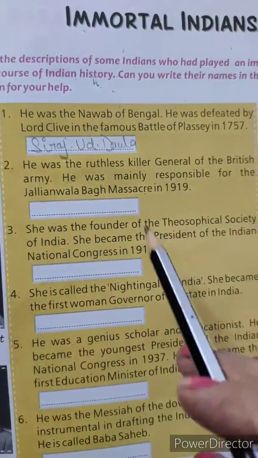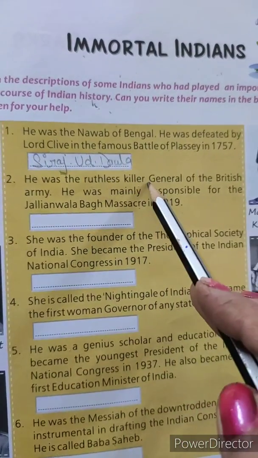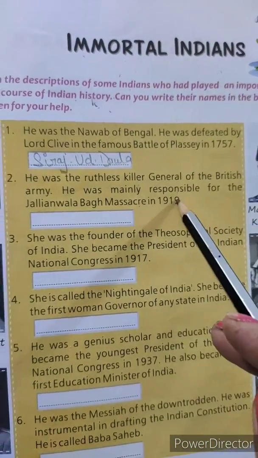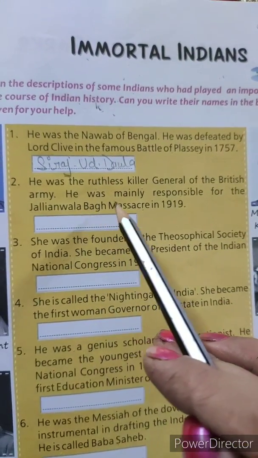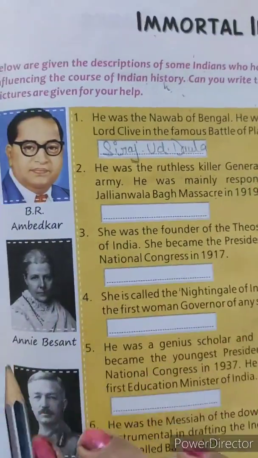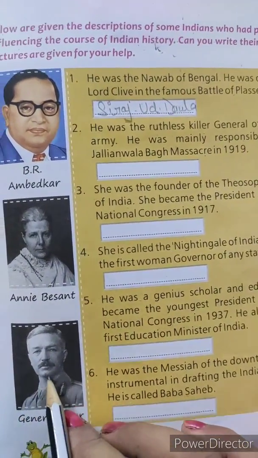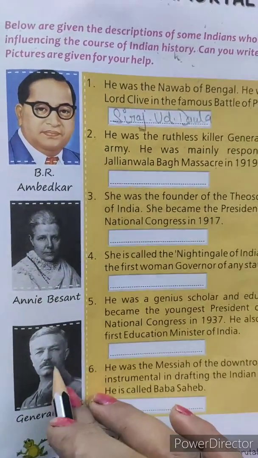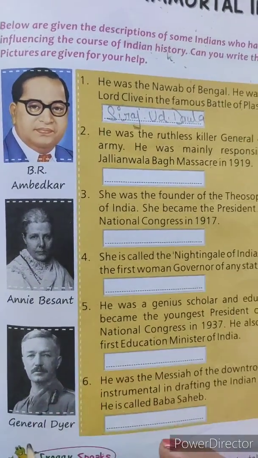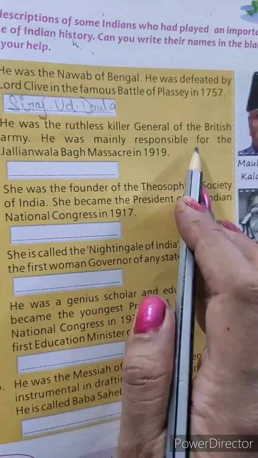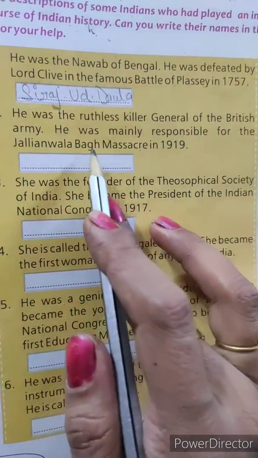Now, second one. He was the ruthless killer general of the British Army. He was mainly responsible for the Jallianwala Bagh massacre in 1919. Here is the person who is remembered because of his cruelty. He is General Dyer. General Dyer killed so many innocent people in Jallianwala Bagh.